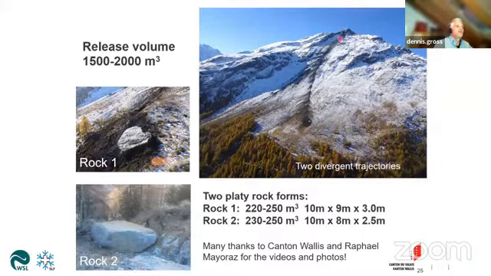And you can see one went here on the right-hand side where it stopped, because the terrain was not that steep anymore than on the other side. And the other one went all the way down here, and then later on even more to the right.